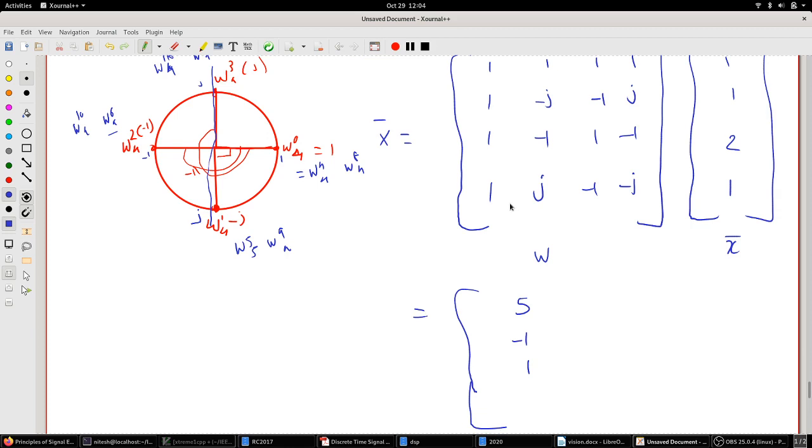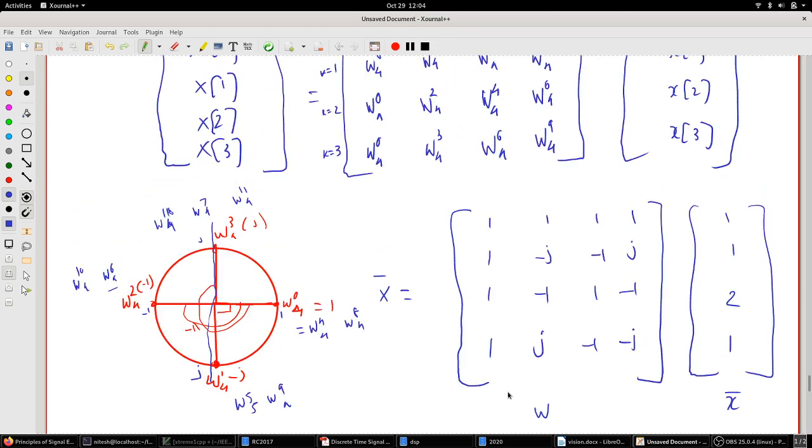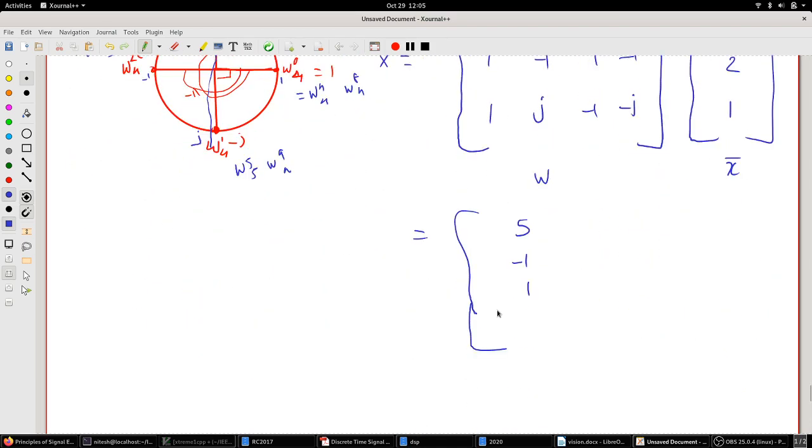Same way this guy here will be 1 plus J minus 2 plus minus J, right? So this again will be W0, W1, W3, W6. Yes. So this will be minus 1. So this will be your DFT coefficient vector x bar. Okay.